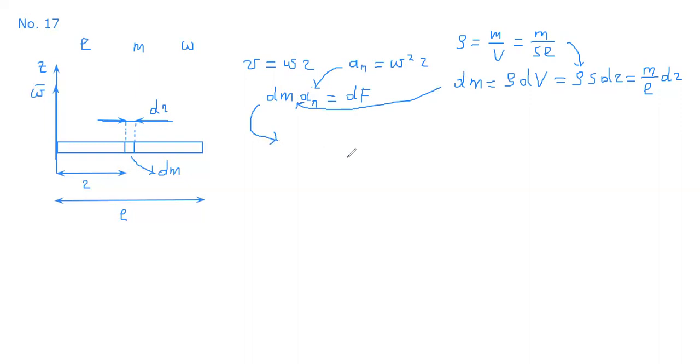And as a result, we have obtained m omega squared divided by L, multiplied by r dr, and it is equal to dF.